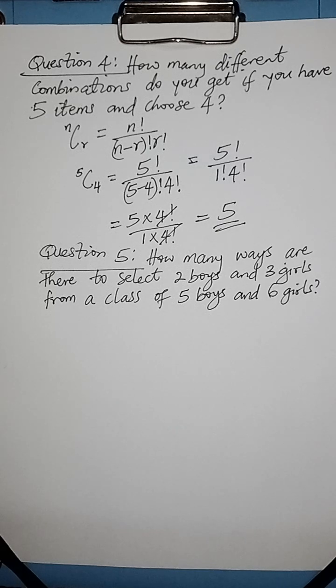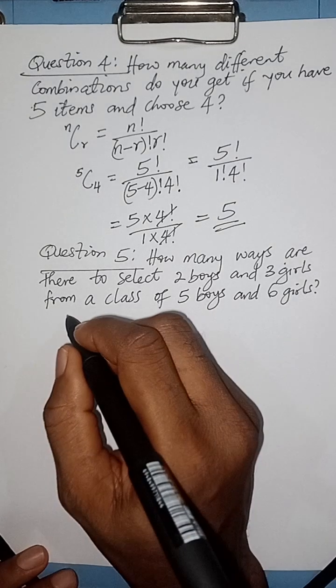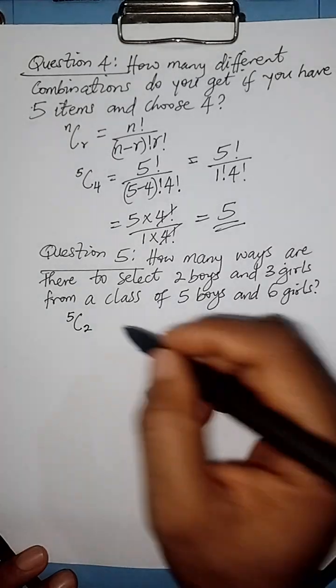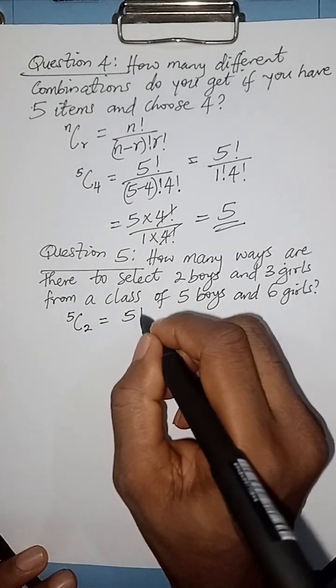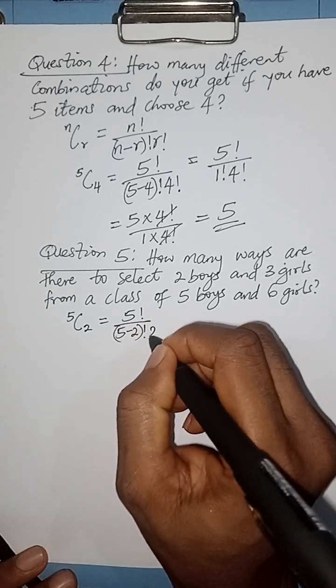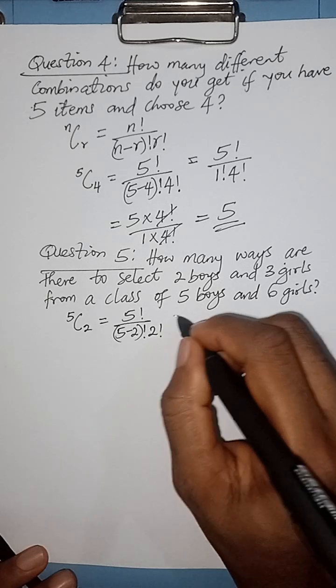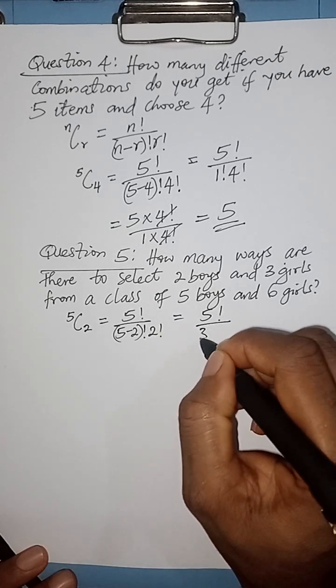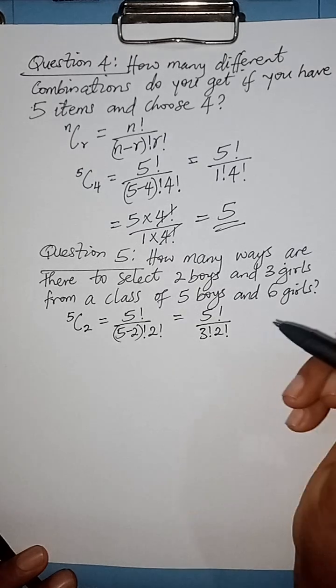The next question says, how many ways are there to select 2 boys and 3 girls from a class of 5 boys and 6 girls? To select the 2 boys from 5 boys, we use 5 combination 2, which gives us 5 factorial, 5 minus 2 in bracket factorial, 2 factorial. And this is 5 factorial, divided by 3 factorial, 2 factorial.